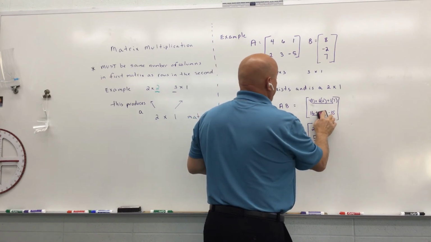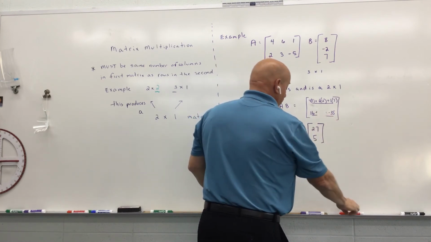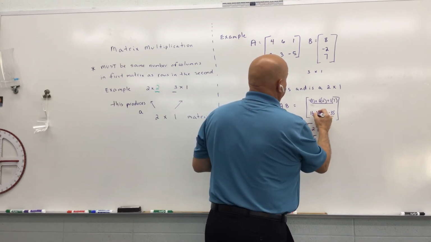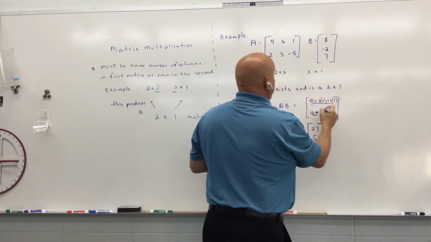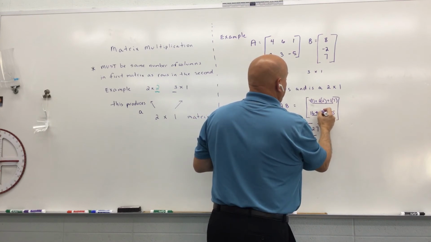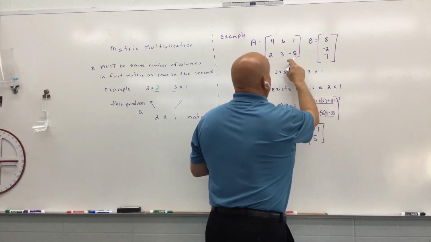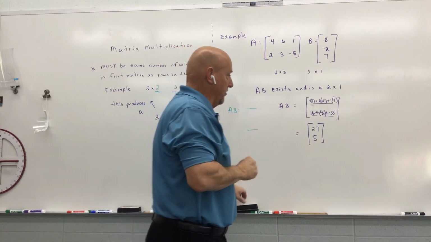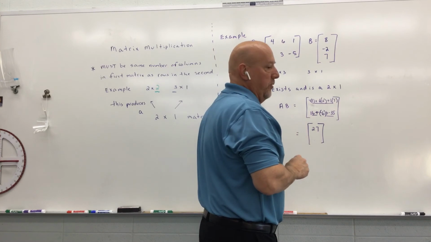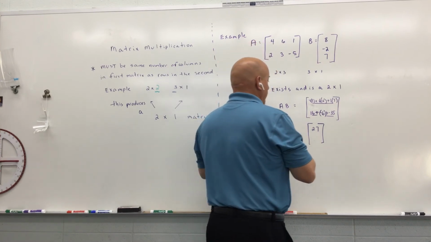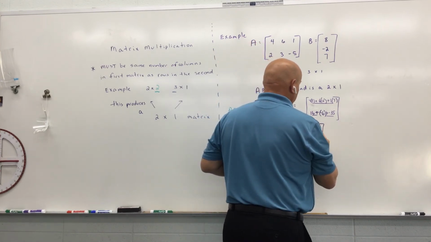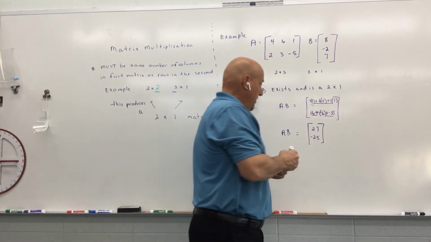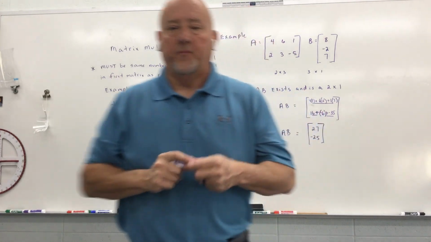I did that just to make sure you're with me there. 3 times negative 2 right here should be negative 6. And then negative 5 times 7 would be negative 35. 16 plus negative 6 is 10. 10 plus negative 35 is negative 25. So matrix AB exists and is 27, negative 25.